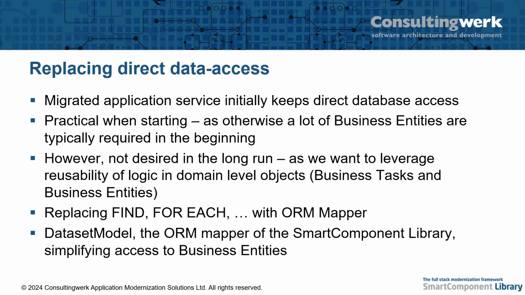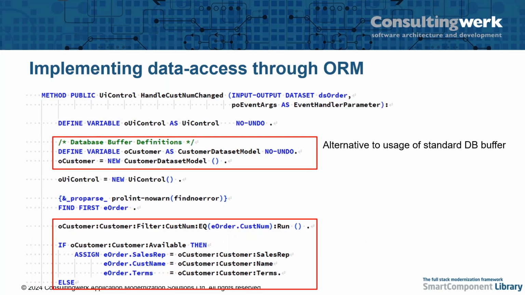Even if we can generate a lot of that very quickly, that still means in order to get the one screen that we want to start with going, we have to build all that mountain of other stuff around it. We accept that in the beginning we have here and there some direct database access, and then maybe in a later step replace it with our ORM model.